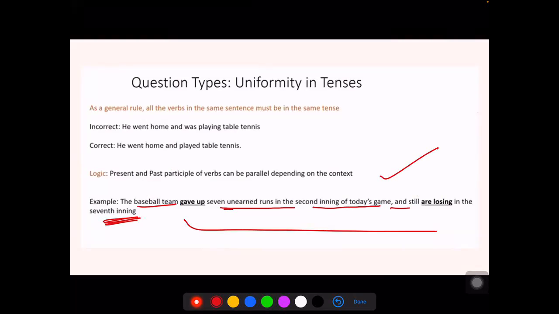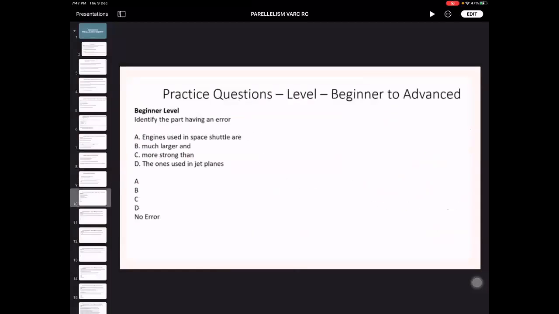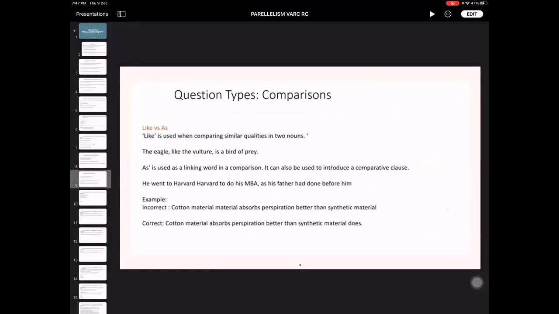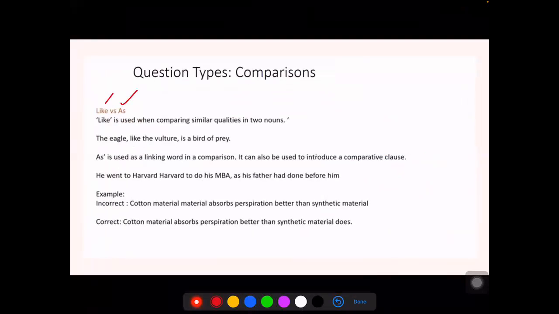Now, this is the important thing in uniformity in sentences. Let's talk about some of the comparisons of 'like' versus 'as'. So the question type is comparison.